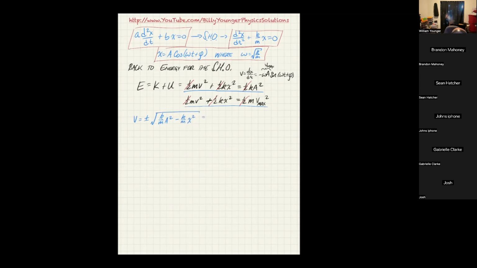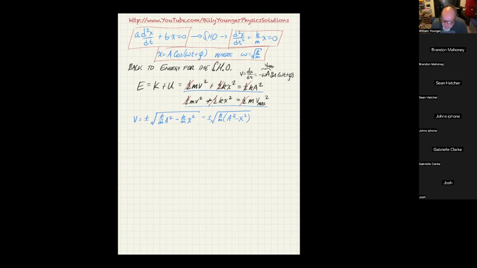which I think you can see is in fact plus or minus, and we can't really determine the plus or minus, as you'll see in a later example, unless they give you some more details. But basically what we're going to get is this k over m, which is common to both terms, times a squared minus x squared, and that's your velocity as a function of position.